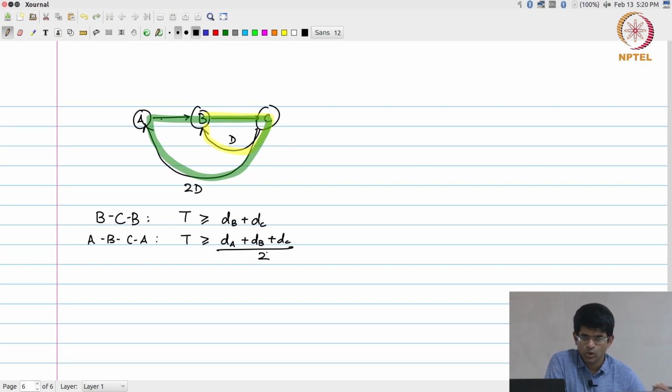If I want to satisfy both of these conditions at the same time, what value of T can I choose? Which one should I choose? The maximum among these two. So in other words, T must be greater than or equal to the max of these two values.